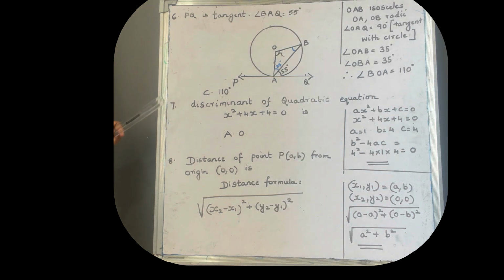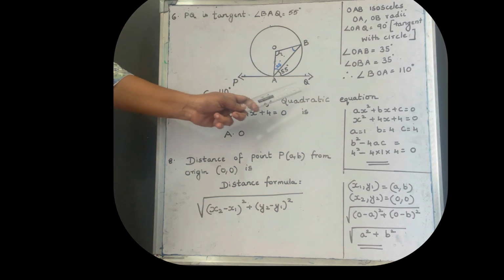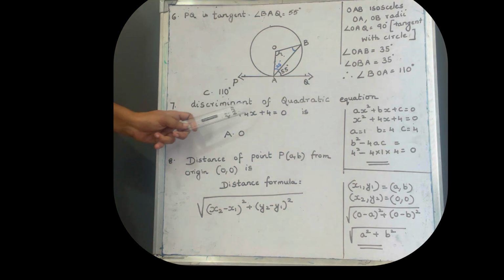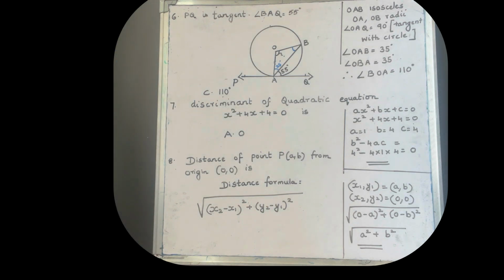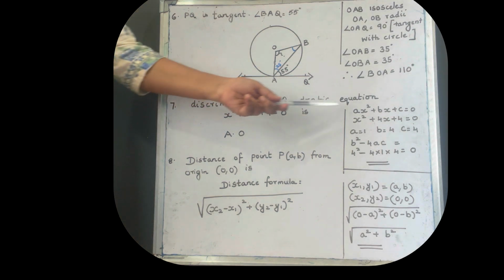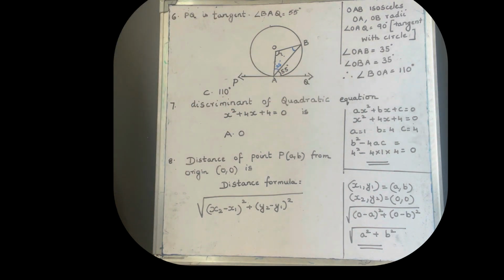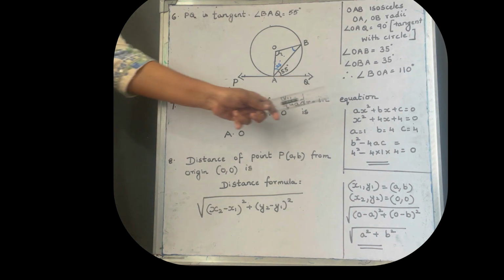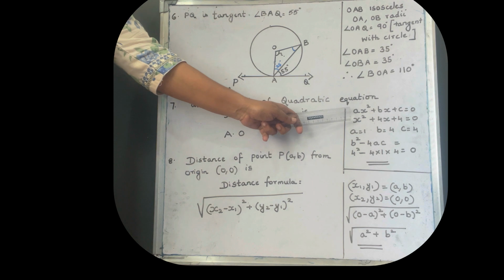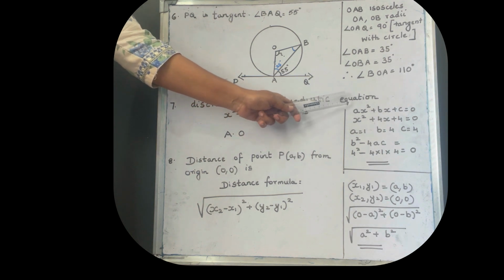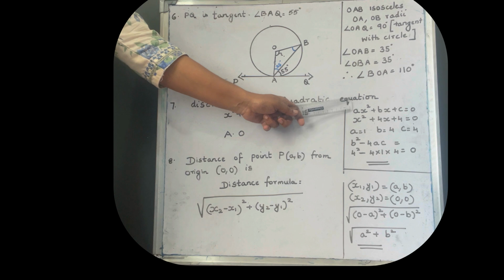Now we move on to the next question. What is the discriminant of quadratic equation x square plus 4x plus 4 equal to 0? The quadratic equation general form can be written as ax square plus bx plus c equal to 0. We are comparing the given quadratic equation with the standard form of quadratic equation.